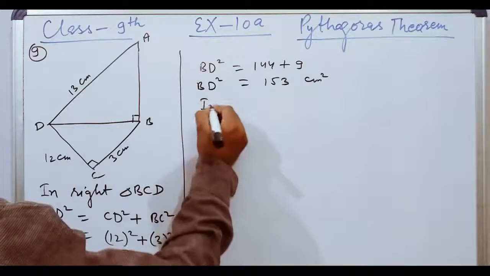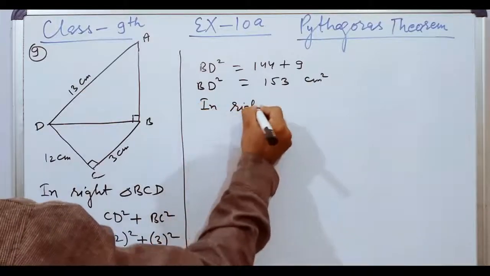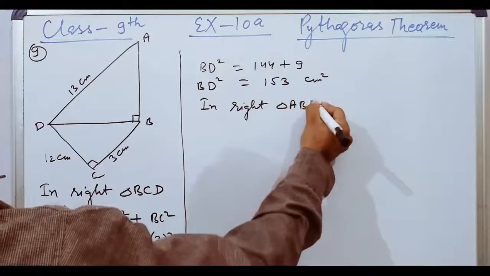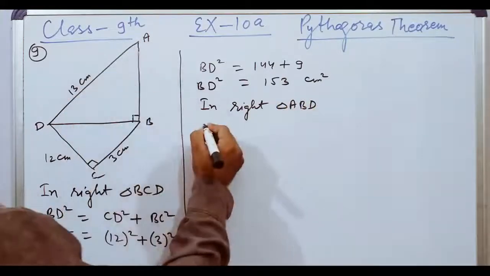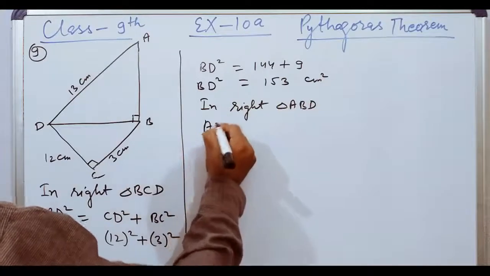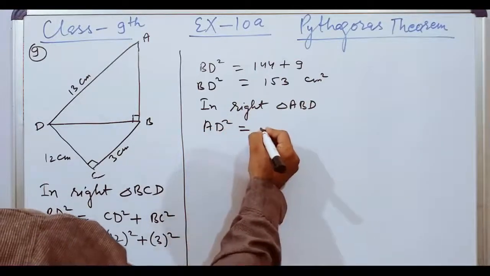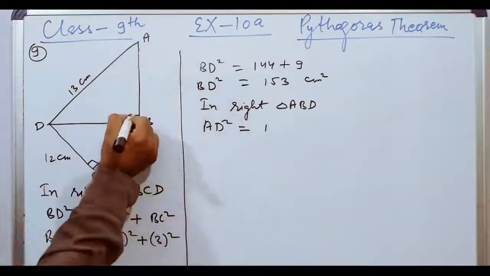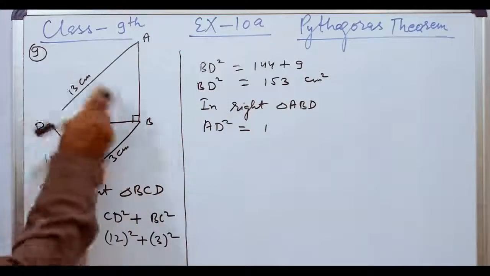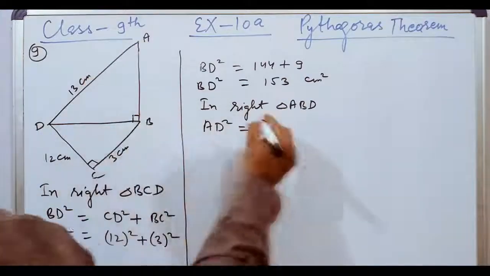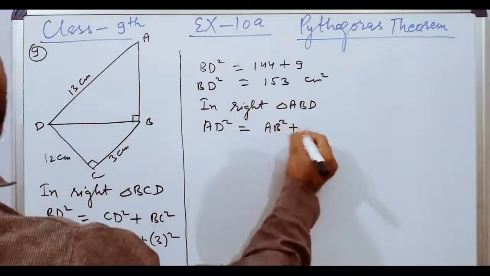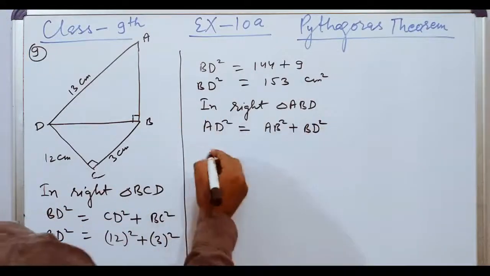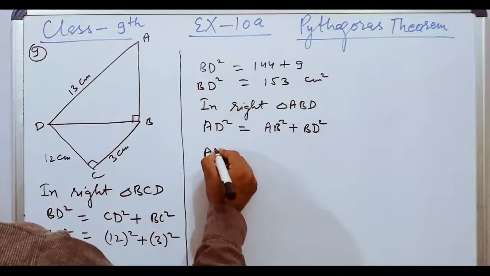Okay, in right triangle ABD, then AD square, hypotenuse square, means opposite of right angle. Hypotenuse square equal to perpendicular square plus base square. It doesn't matter whether you are writing perpendicular or base. So AD square we have to find.